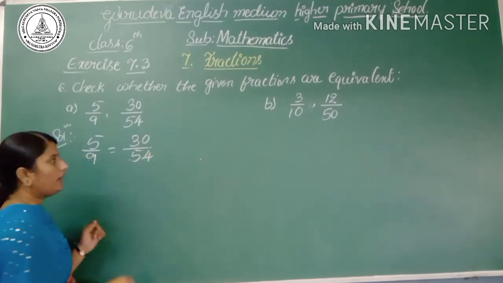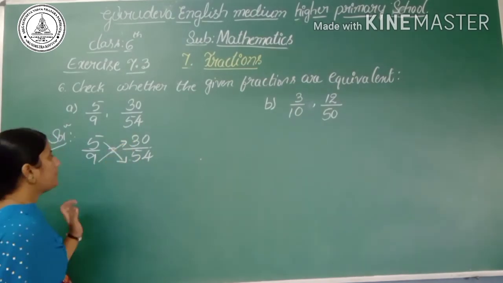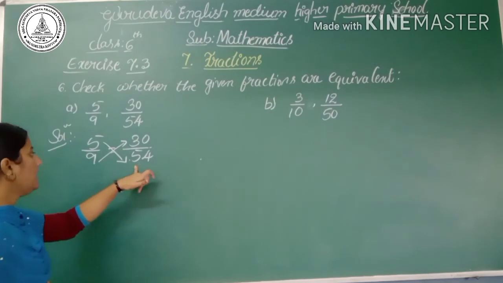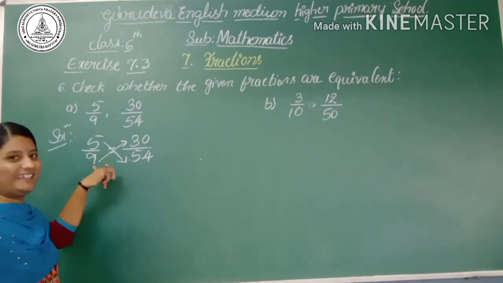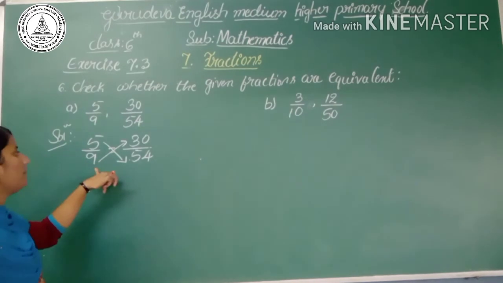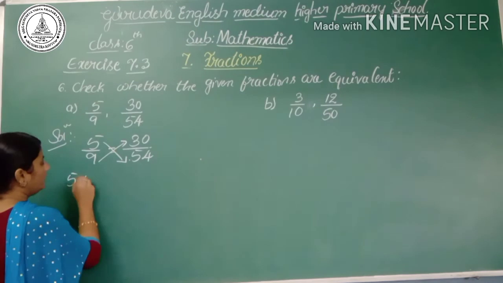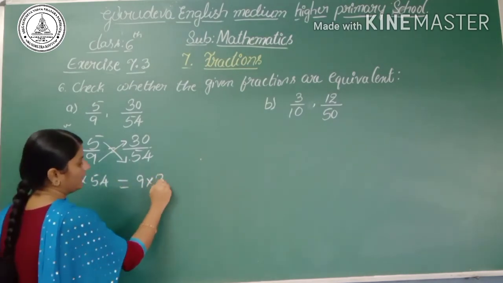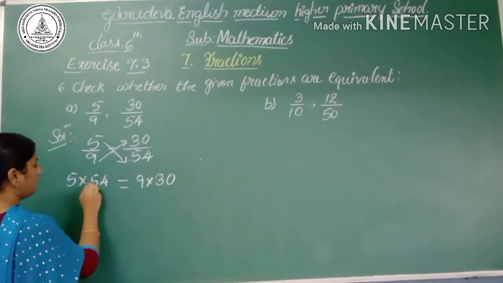So we have to do the cross multiplication: the product of the first numerator and second denominator, and the product of the first denominator and the second numerator. Let's write here 5 into 54 equals 9 into 30. Multiply: 5 4s are 20, 2 carry.